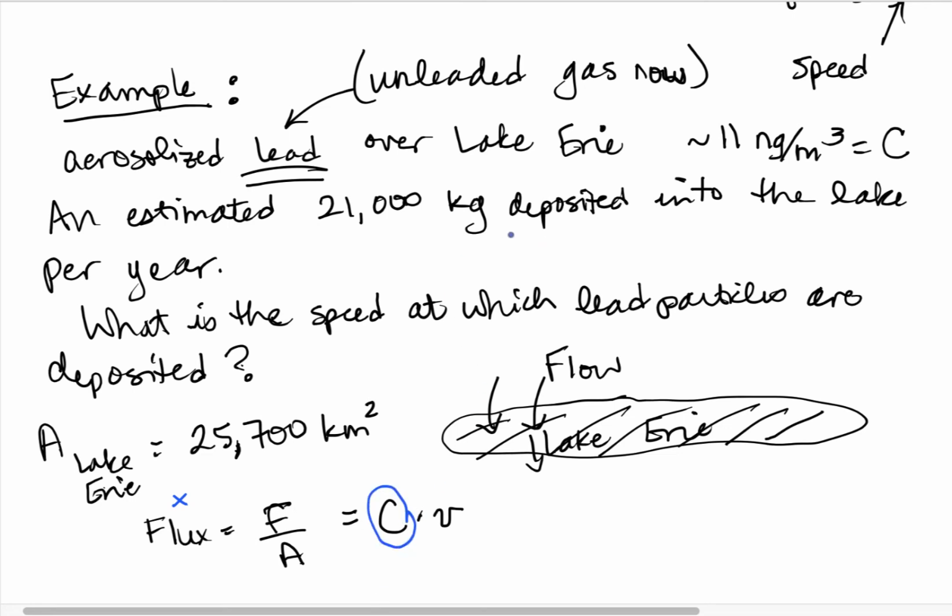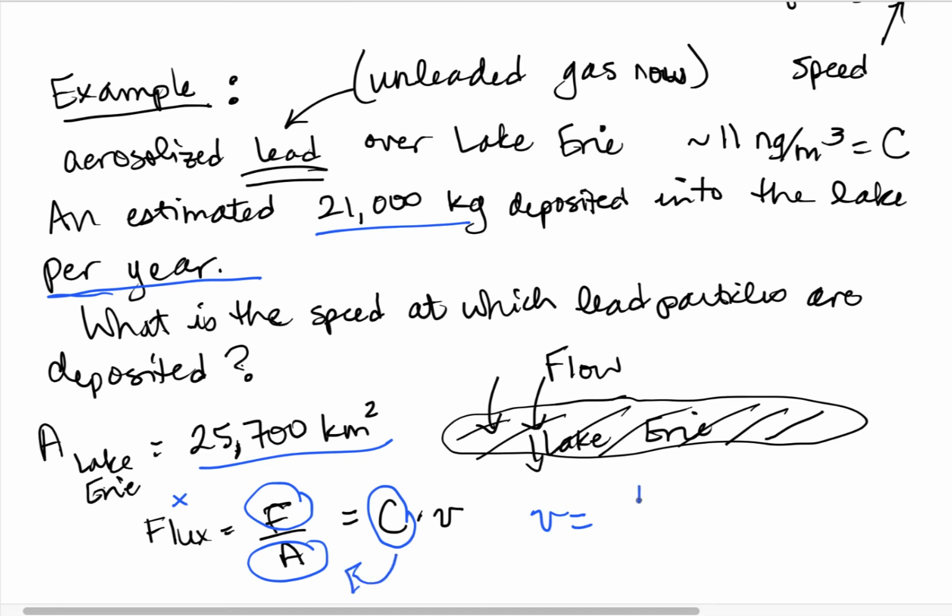We do have kilograms per year, that's the flow, and we have the area of the lake. So this is just a matter of a little bit of algebra. We're going to divide out the concentration and do a bunch of unit conversions.